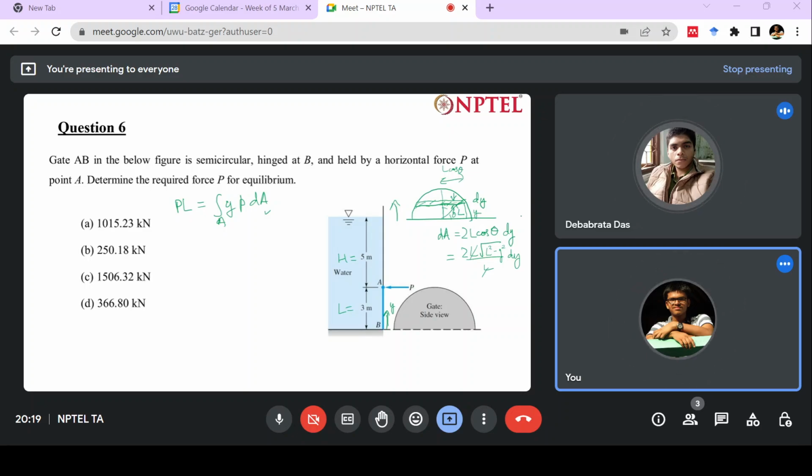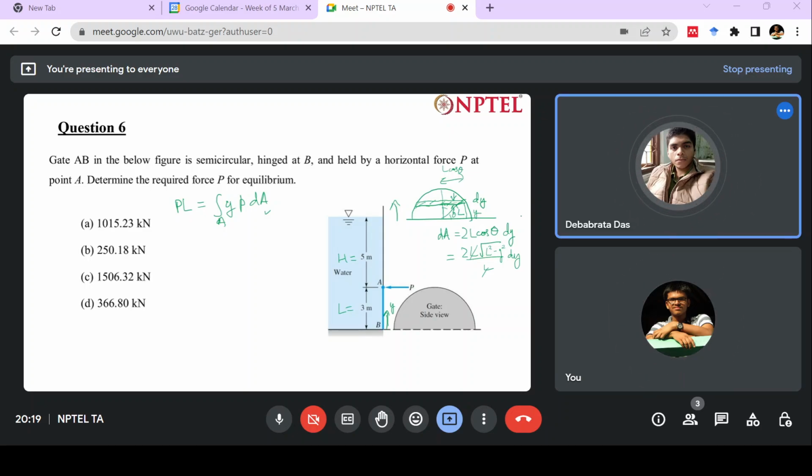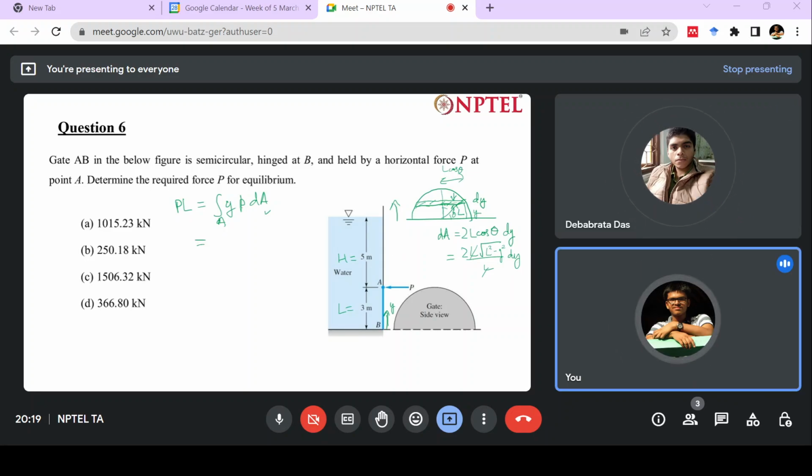This is root over L square minus y square, 2 into this into dy. So you will put it here.